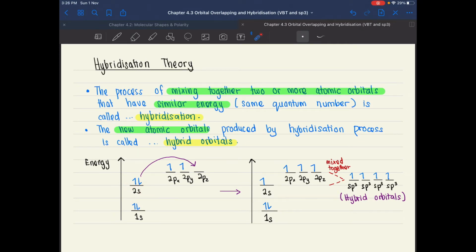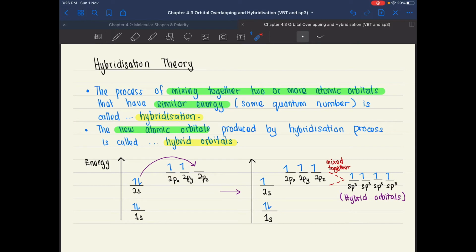From this electronic configuration, we know that there are 2 unpaired electrons. That means carbon can only form 2 bonds. But that is not what happens. Carbon should be able to form 4 bonds.